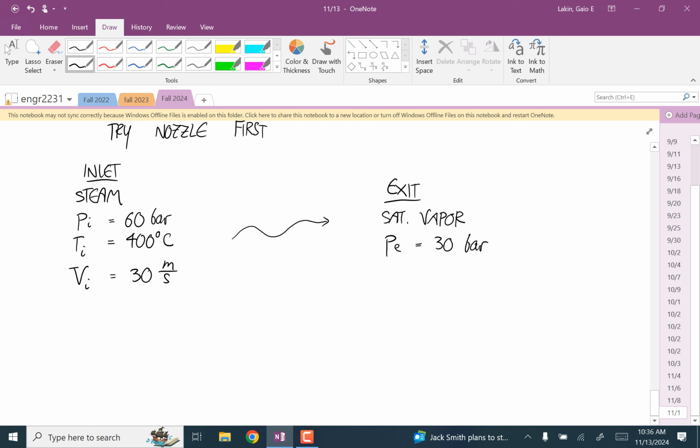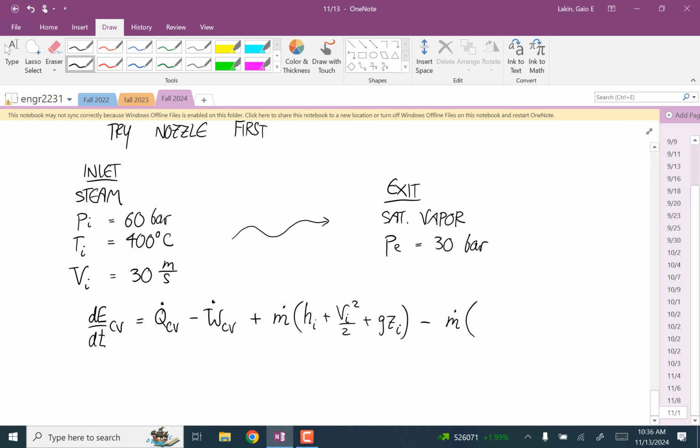The first law says dE/dt for the control volume is equal to Q dot minus W dot plus, this is steady state, so m dot times the quantity hi plus Vi squared over 2 plus g zi, minus m dot times the quantity he plus Ve squared over 2 plus g ze.